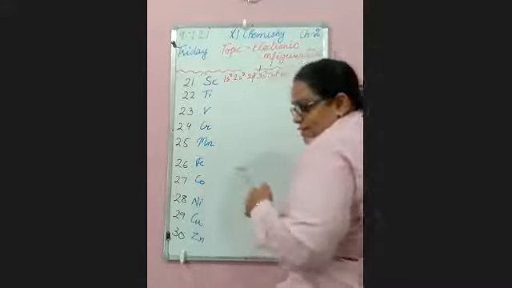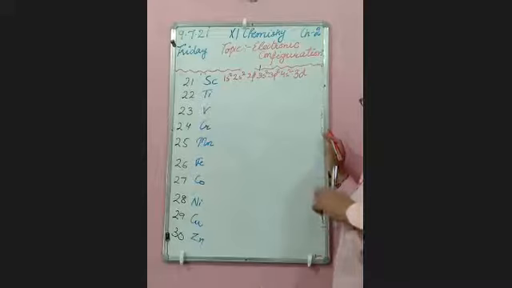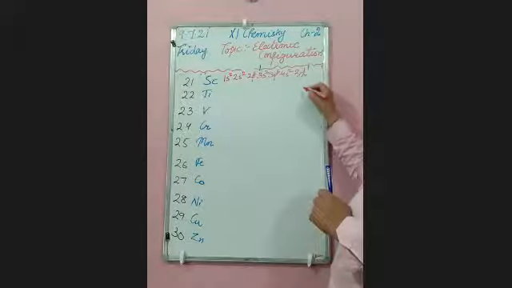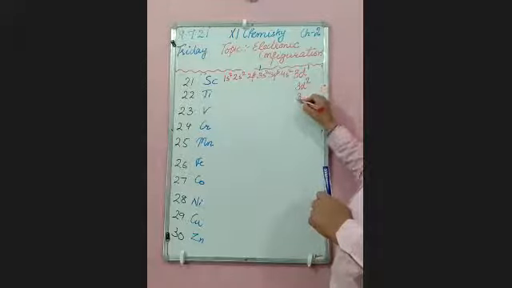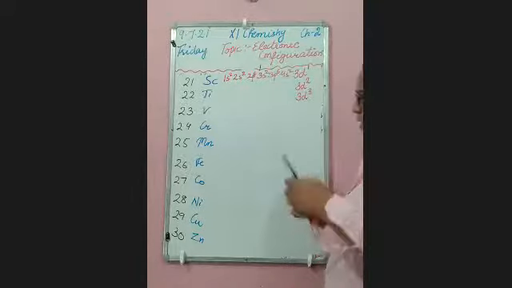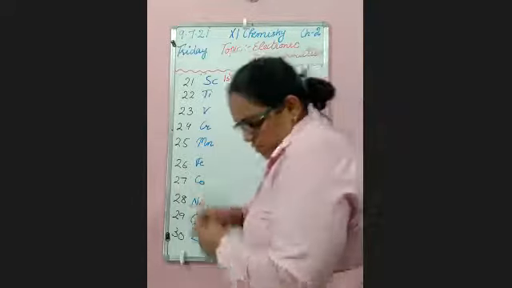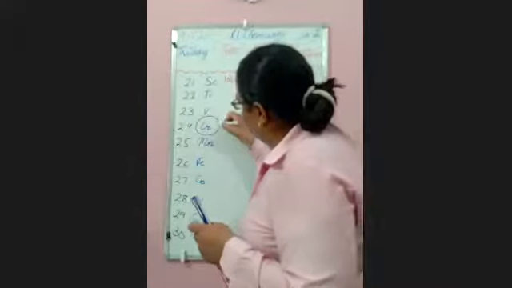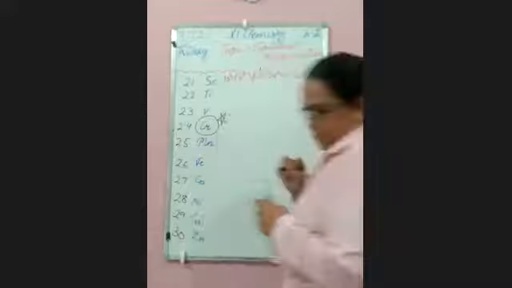D has max 5 orbitals, so it can accommodate 10 electrons. It will be 3d1, after that 3d2, after that 3d3. Now always remember this case. It is the exceptional case.